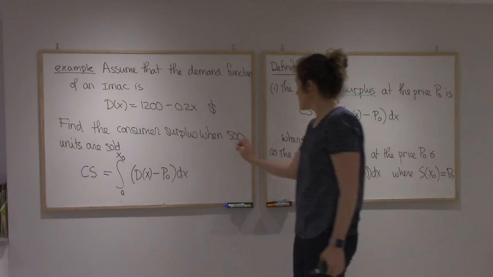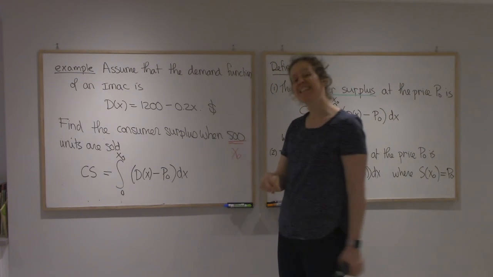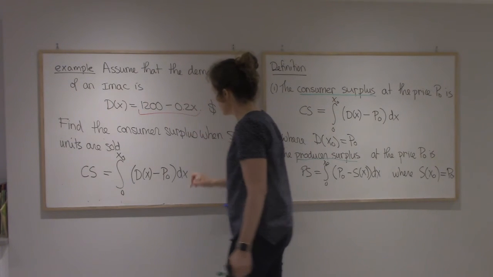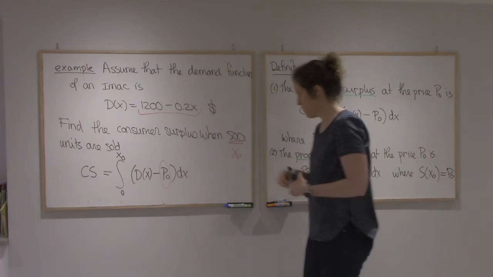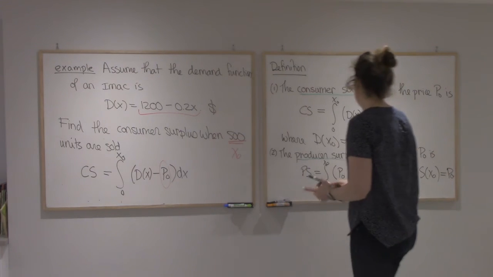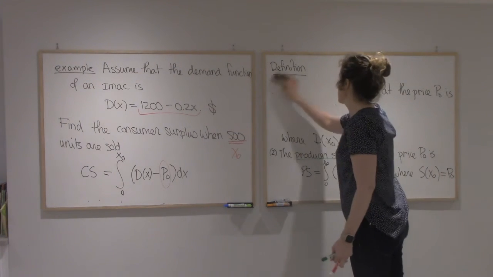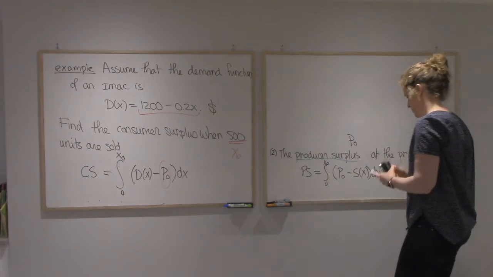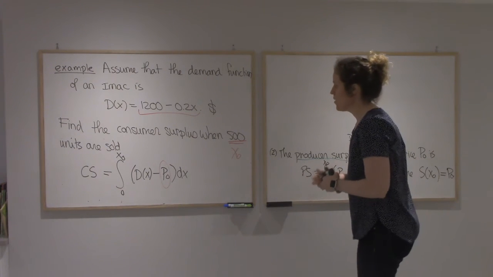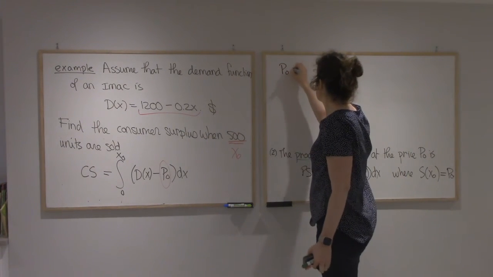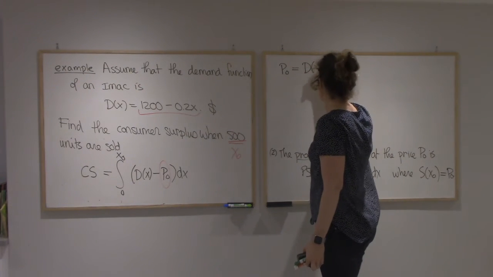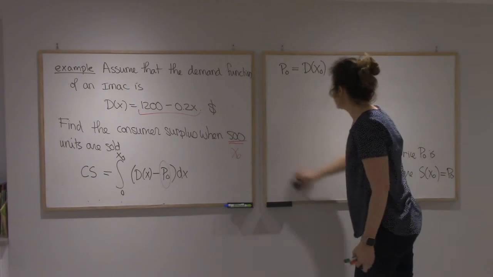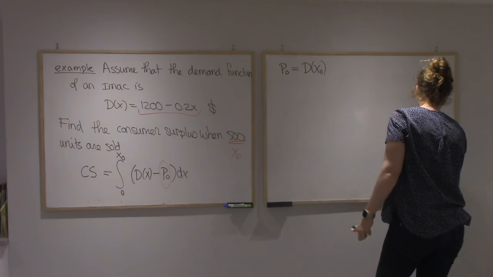Number of units is x, so this would be x0. So in this case, I'm given x0, not p0. I have my d of x here. So the only missing part is this p0. But we're told that P0 is d of x0. That's what was right here. And so I can get P0 easily.